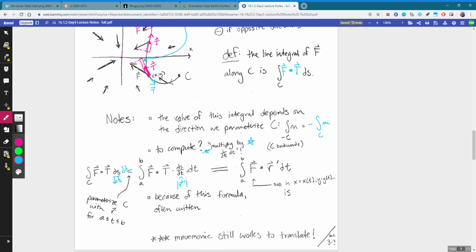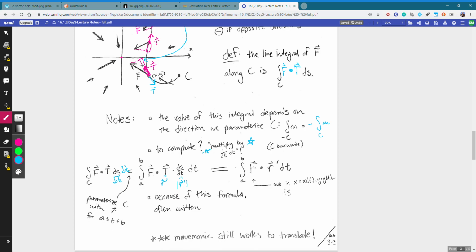Check this out. I claim that there's a nice way to write our unit tangent vector as well in terms of our parametrization. Well, how we can do that is by first of all taking the derivative of our parametrization. That's going to give us a tangent vector, like maybe that's shooting out way far in the direction we're heading.